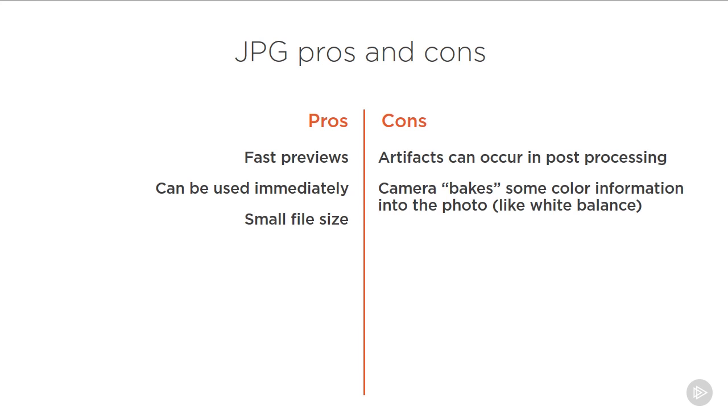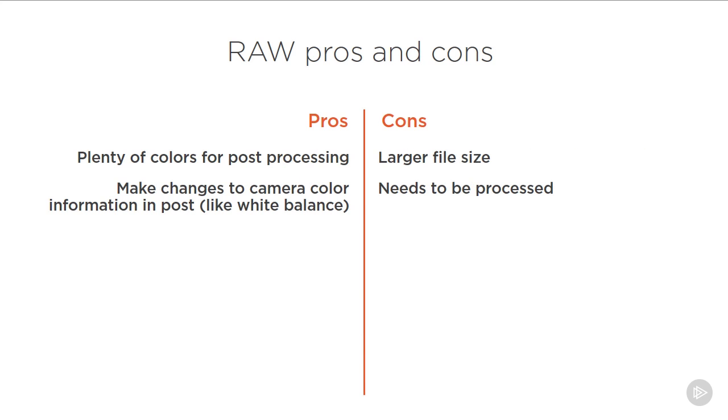Essentially, as close to what the sensor can see is what you're going to get in the raw, which means it's the best for making changes and doing your post changes. It also doesn't bake information like white balance and things like that into the actual image. You can make those changes in post, and we'll look at that as well in other lessons in this course.